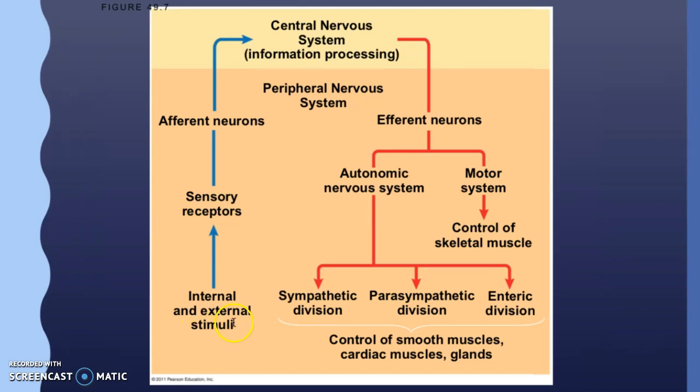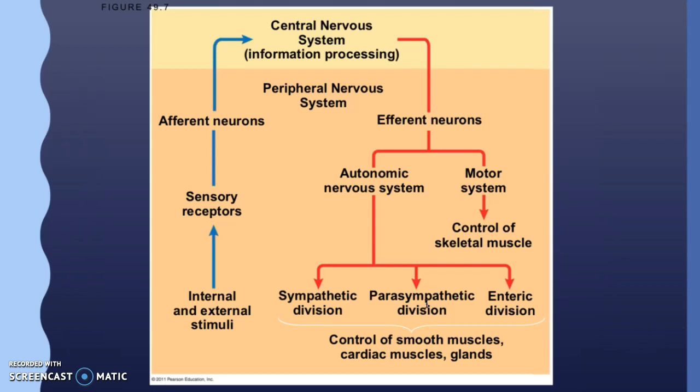We're going to have the cell body and the dendrites picking up a signal, sending it to the central nervous system, synapsing with a nerve in the central nervous system, and then another synapse going out to the motor division. In other words, signals going to the central nervous system, we're going to call afferent neurons or sensory neurons, and efferent neurons are the ones that do the action.